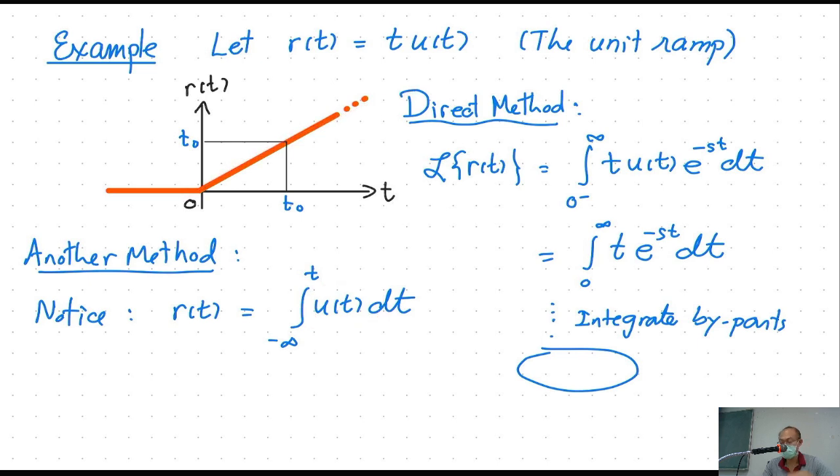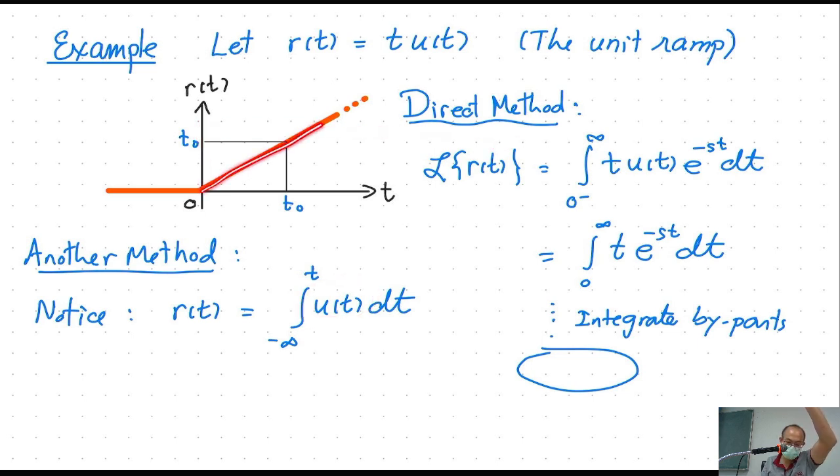In other words, if you differentiate the ramp signal, you're gonna get the unit step signal, because the ramp signal has unity slope. The slope of the ramp signal is always 1. So if you take the derivative of r, you're gonna get 1 all the way, which is just the u(t), right?